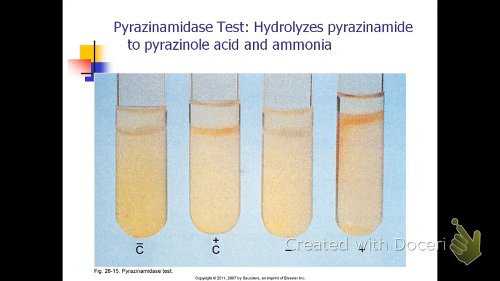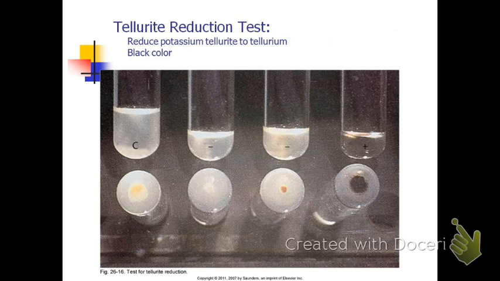Then the other one is the pyrazinamidase test. The enzyme pyrazinamidase could hydrolyze pyrazinamide to pyrazinoic acid and ammonia. As you can see, the brownish ring on top of the butt is considered as a positive reaction. Then the tellurite reduction test.